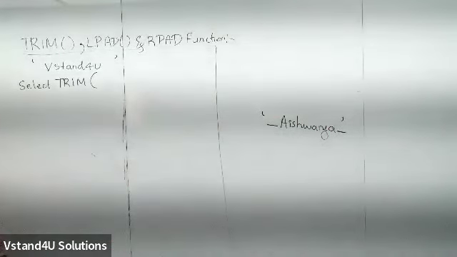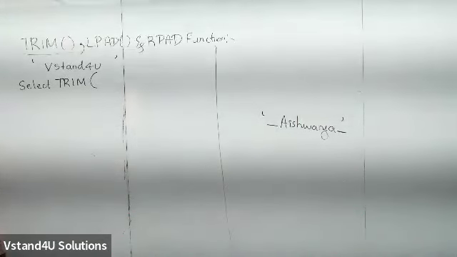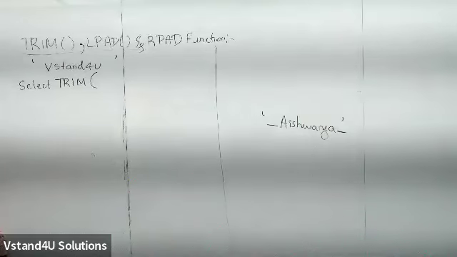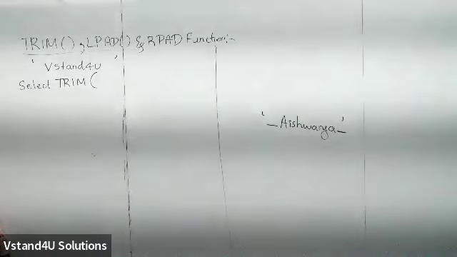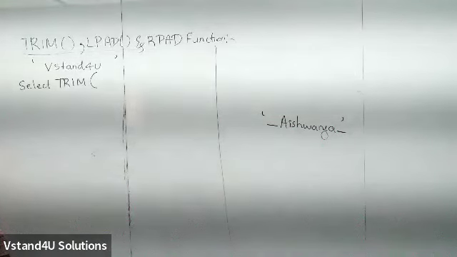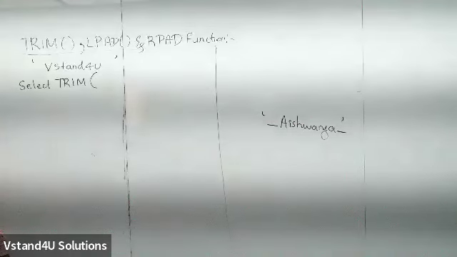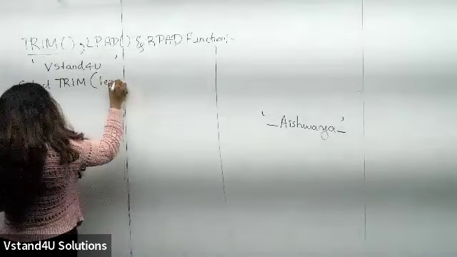But will the code know whether I should remove it from the starting or from the ending? You already know that you have two types of spaces. One is leading space and one is trailing space. Now, you have to mention in the code which space I want to remove. According to the query, which space do I want to remove? Leading space, yes or no? So, I will say leading.